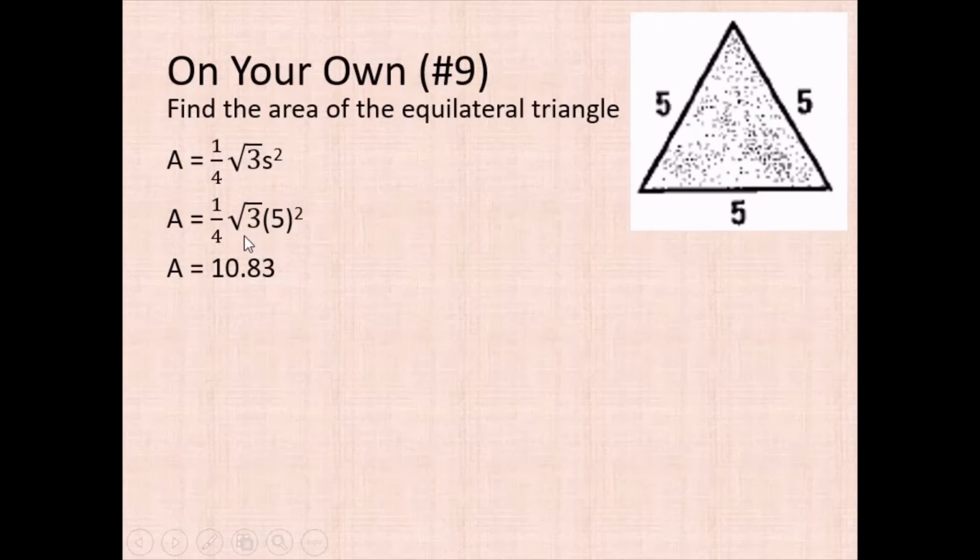In fact, if you're having trouble with that, you could just get the decimal for the square root of 3, which is like 1.7 something. Get a few more decimals than that though, and then do 1/4 times that 1.7 times 5 squared. That might be more helpful if your calculator is messing up for you. So anyways, you should get 10.83 for your final answer for this.